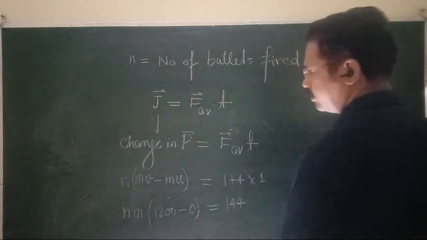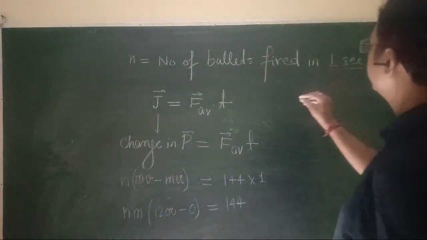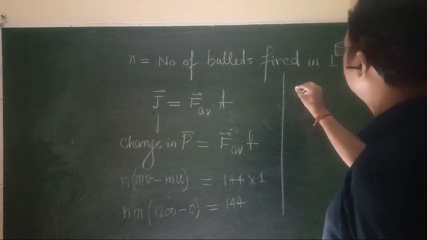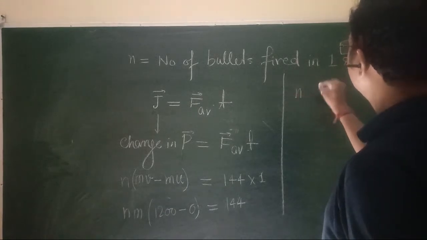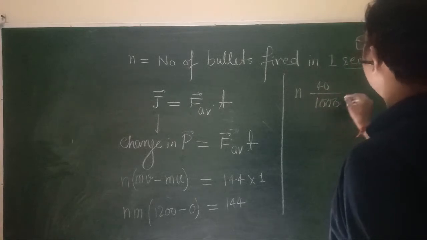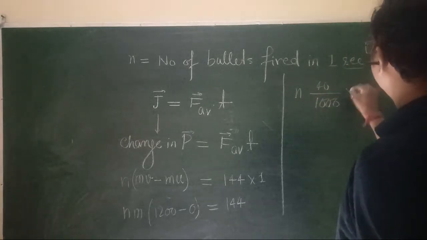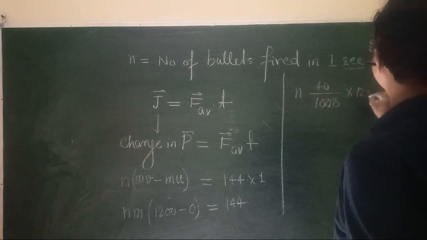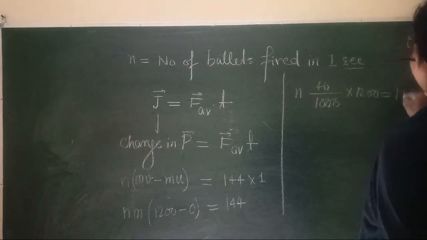Mass is 40 gram upon 1000 gram, into 1200, is equal to 144.